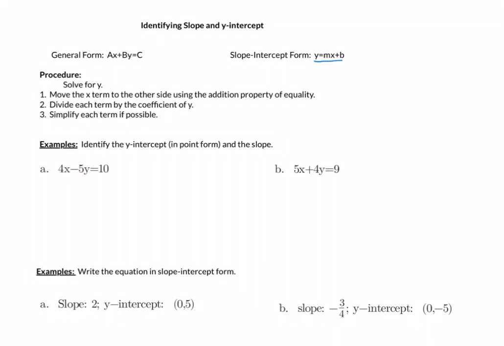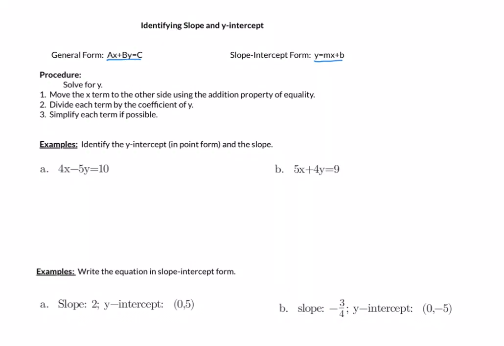Another form of linear equations that we're going to see is general form, which is ax plus by equals c. If it's in general form, you can't identify slope and intercept without doing some work. So we want to start off with general form and talk about how we identify slope and intercept. The procedure is that we need to get it into slope-intercept form. In order to do this, we want to solve for y. So this is another one of those solve for the indicated variable problems.